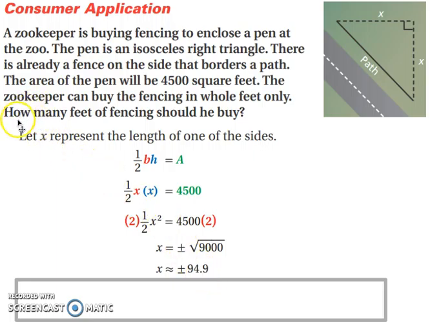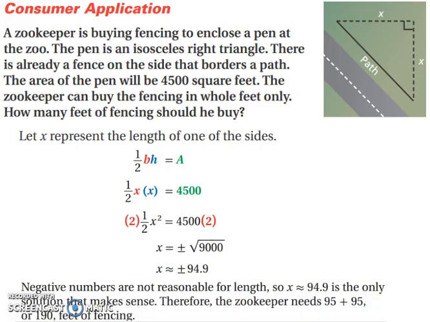Now, the problem said how many feet of fencing should he buy, and then the stipulation here was the zookeeper can buy the fencing in whole feet only. So therefore, he needs to buy 95 for one of the x's and then 95 for the other x. So a total of 190 feet of fencing.